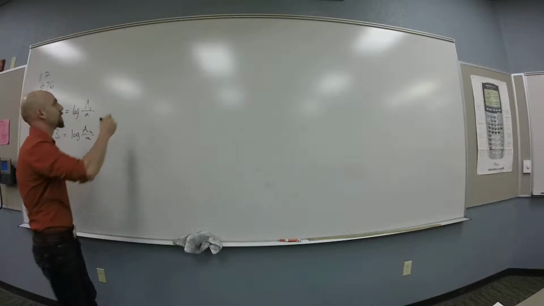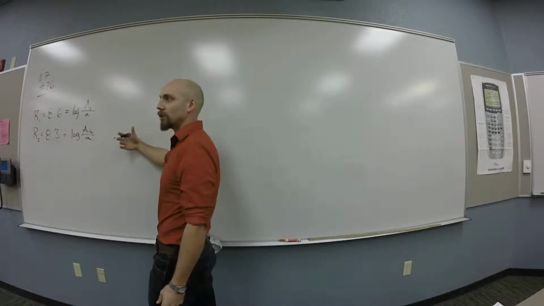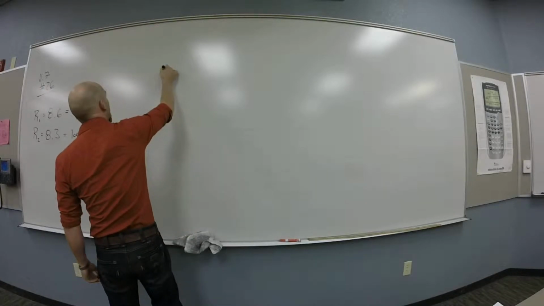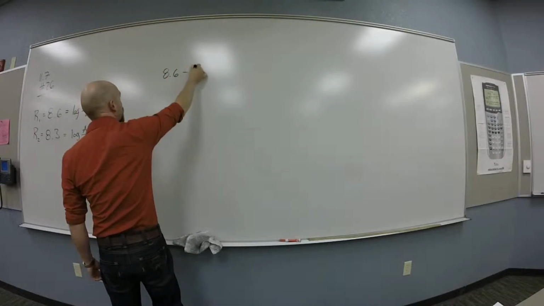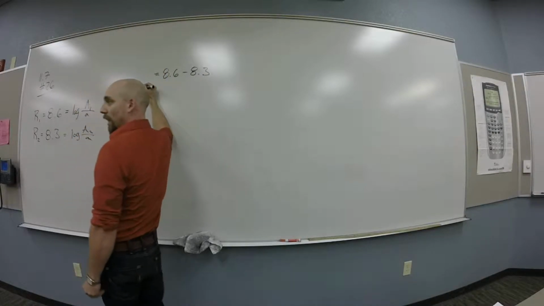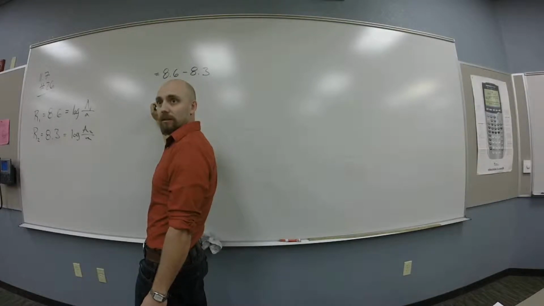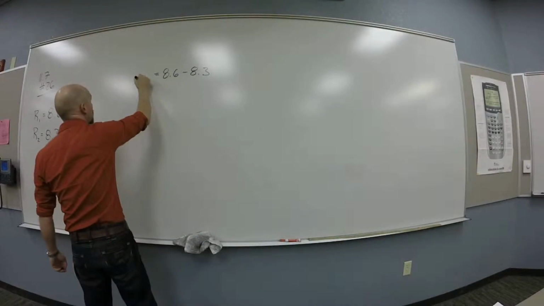All right, it seems like I should subtract these and talk about the difference, right? So I take 8.6, I subtract 8.3. On the one hand, I know what that is. That's 0.3, right?